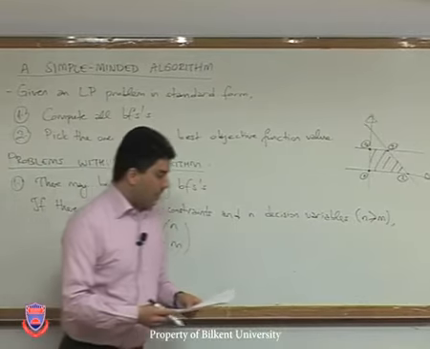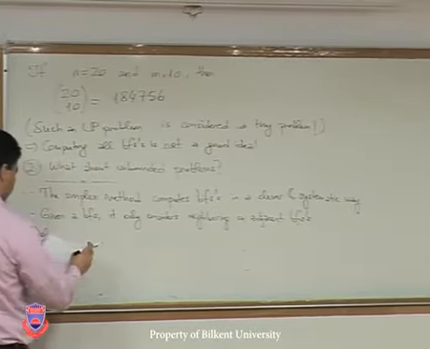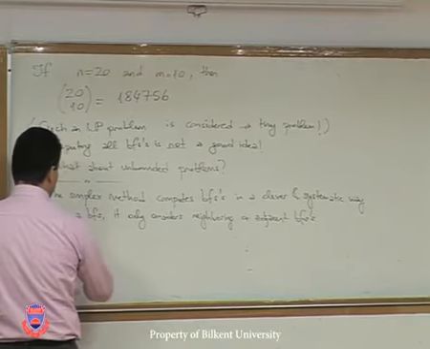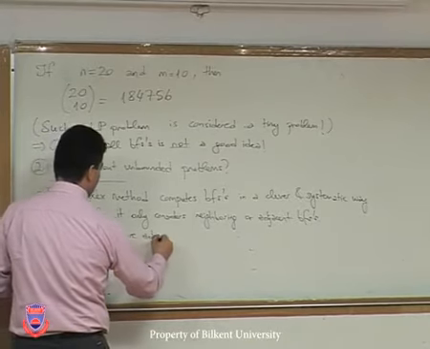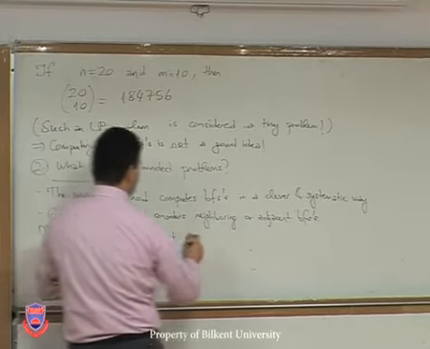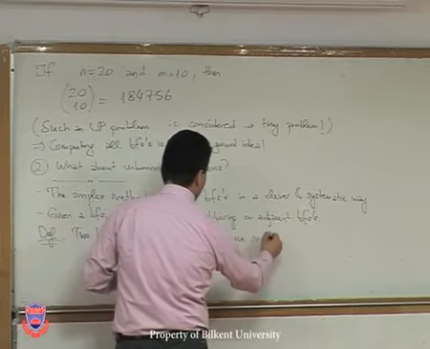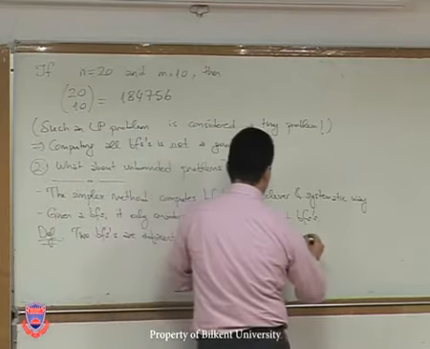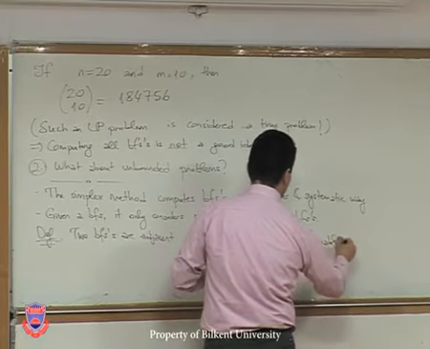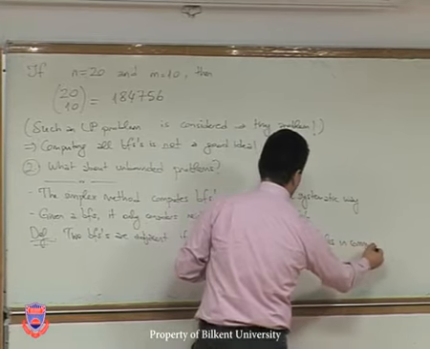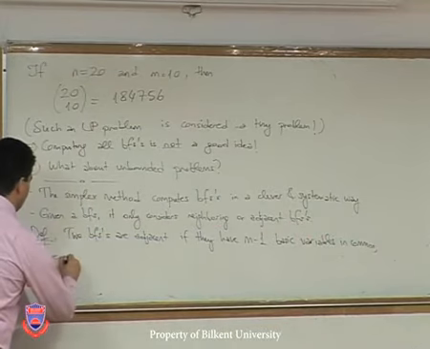So let me give you a formal definition. Two basic feasible solutions are adjacent if they have m minus 1 basic variables in common, where m is the number of equality constraints.